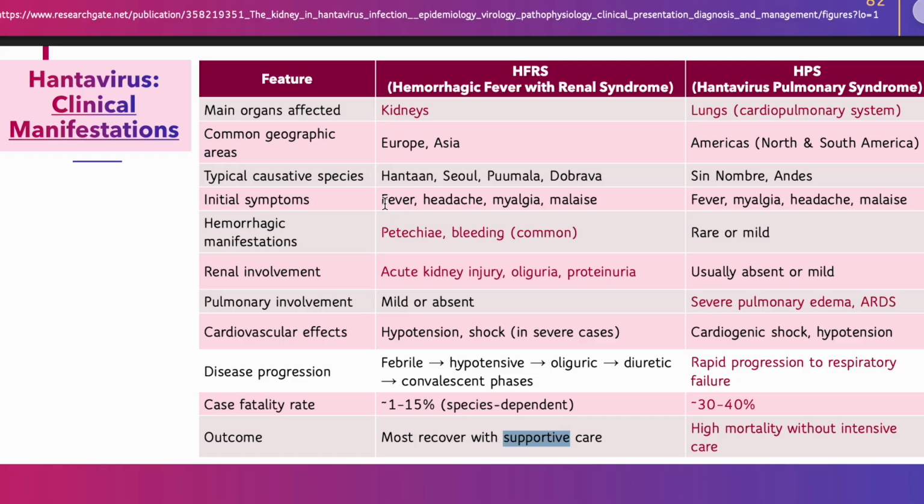The initial symptom is the same as a normal flu: headache, malaise, myalgia, and fever. For the hemorrhagic part, because these hantaviruses have the target cell in the endothelial cell, it causes petechiae and bleeding.